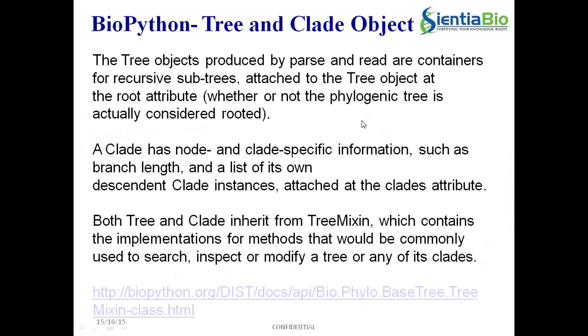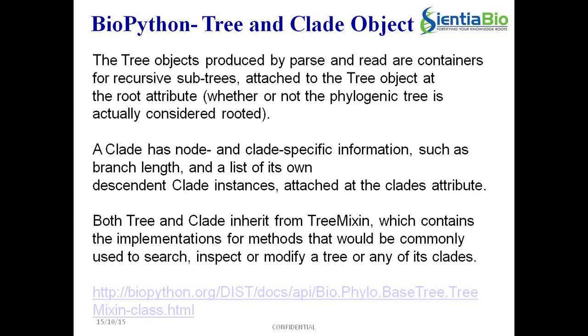Now, we will talk briefly about Python BioPhylo objects called the tree and the clade object. The tree object is basically produced by the parse or the read function, and it is attached to the root attribute.